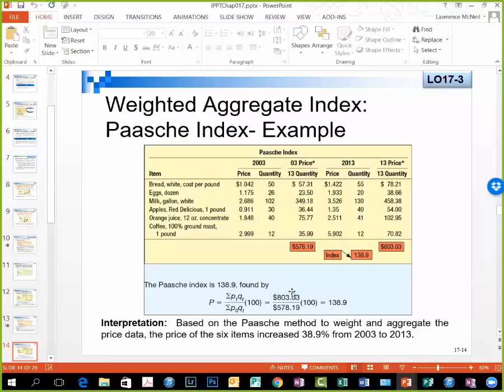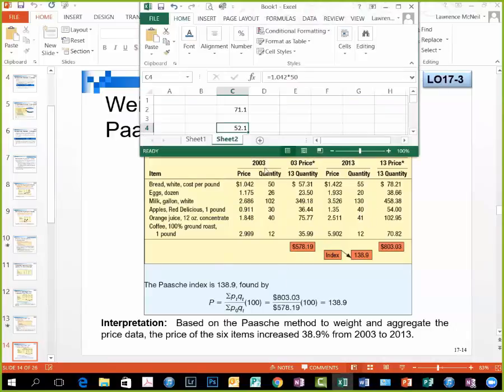So I would take 1.042 times 57.31. And I add all those up. There's my denominator. And then if I take 1.422 times 55, I get the 7821. Add them all up. There's my 803 right here.